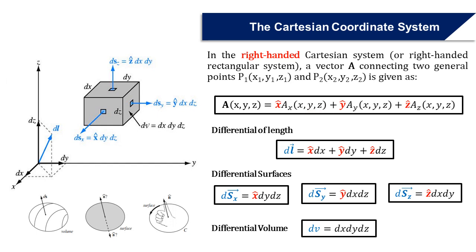Yung mga nasa y naman, ganun din. A sub y as a function of x, y, and z. Ganun din sa z. A sub z as a function of x, y, and z. Pwede kasing nasa x axis siya pero may mga z variables tayo dito. Pwedeng ganon. Ganon din sa ibang variables.